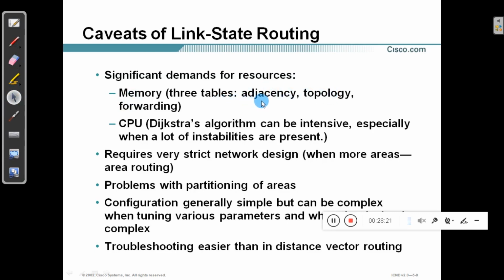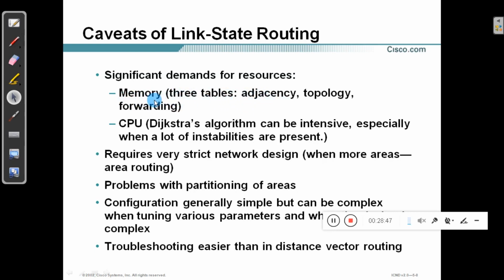First table is called adjacency. It has to maintain the table related to adjacency of the router. Then from that it will create the topological database. From the topological database it will create the routing table. So it has to create three tables here. To maintain all these three tables, enough memory is required.